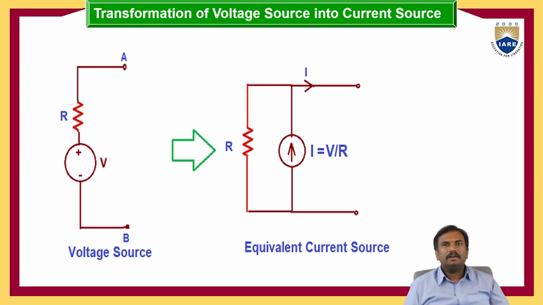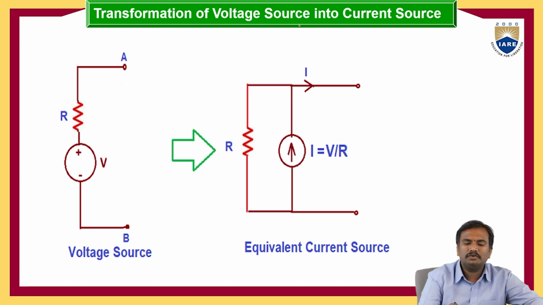Whenever we want to transform a voltage source into a current source, consider a practical voltage source, which has a small source resistance in series.